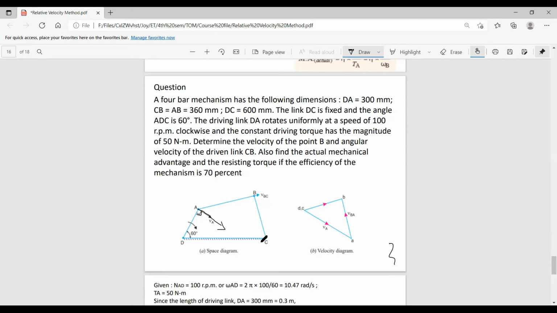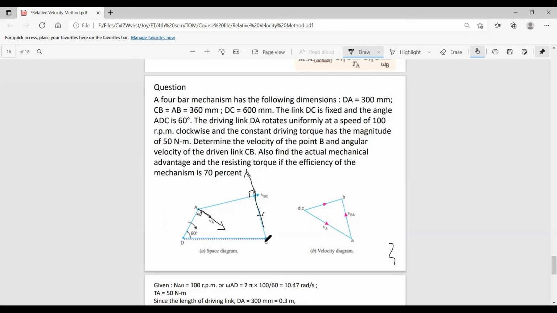Then, C and D are fixed points, so I will draw CDA parallel to this with some scale factor. Then I have a line AB, and the vector for this is going to be something like this, either this way or this way.